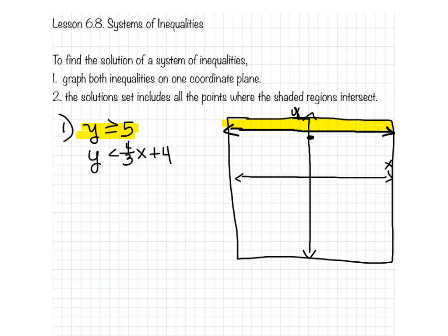Okay, so you can go ahead and see that this would be a broken line, because y is everything less than 4/3 x plus 4. And I'm going to do this in this aqua color. I'm going to shade everything that's below that broken line.